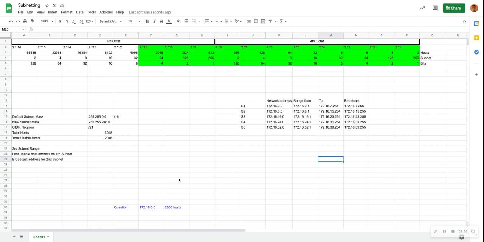So from here, we've just got our questions. Our third subnet range, if we're including the network address and the broadcast address, our network range for subnet 3 is 172.16.16.0 to 172.16.23.255.